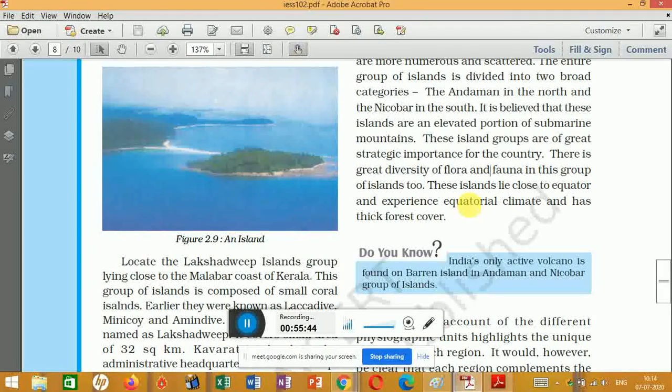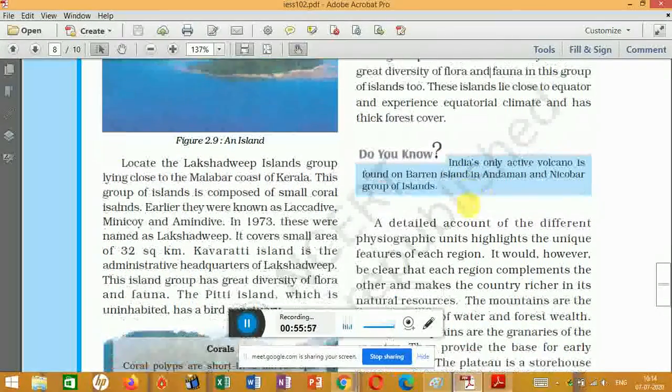This island is a very hot and rainy place, and the type of climate found there is known as equatorial climate, with a very thick vegetation cover, a well forested area. And in the Andaman Nicobar we have the only active volcano of India, known as Barren Island. Barren Island is the only active volcano of India, and it lies in the Andaman and Nicobar group of islands.